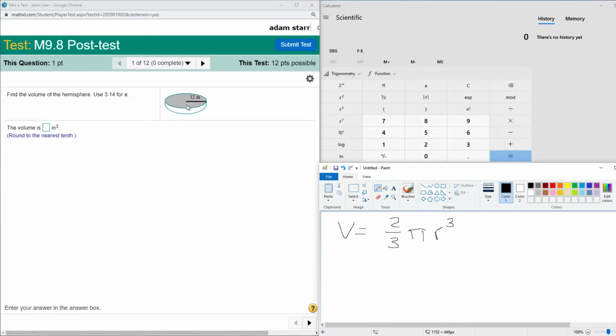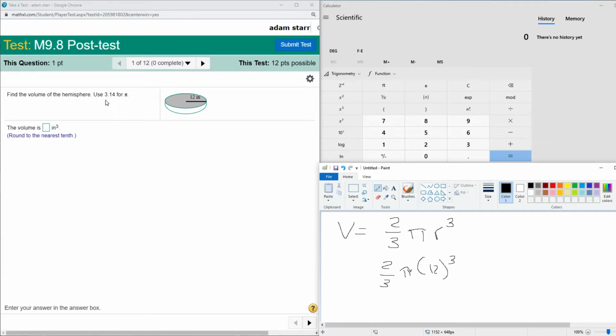In our diagram, we're given the radius, the r. For me, it's 12. So my volume will be 2/3 pi times 12 cubed. Again, 12 here is my radius. Also keep in mind, make sure you're reading how it wants pi.